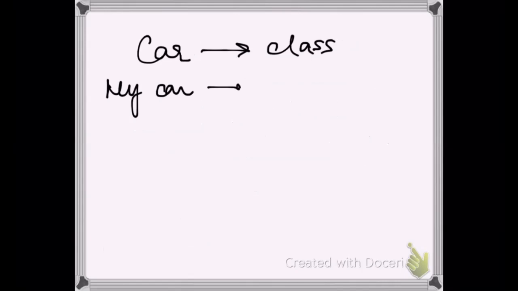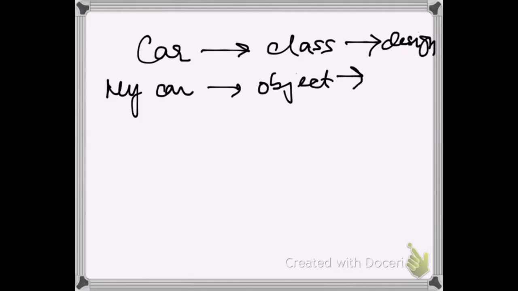Another example could be that of a card. So I may have a class called card. My card can be an object because it has a physical existence. Your card can be another object, and so on. So this is the basic idea behind classes and objects. Objects are real, classes are templates. It's like the design: class is the design, and object is what you actually make out of that design.